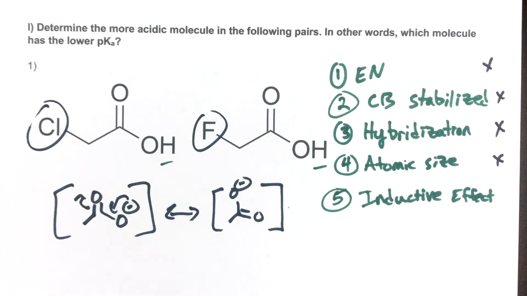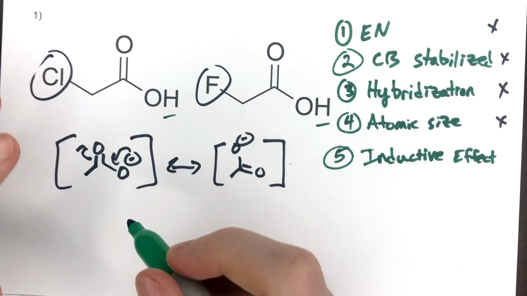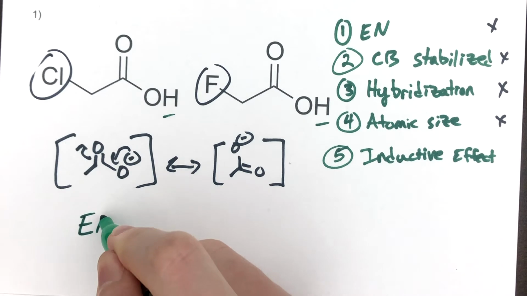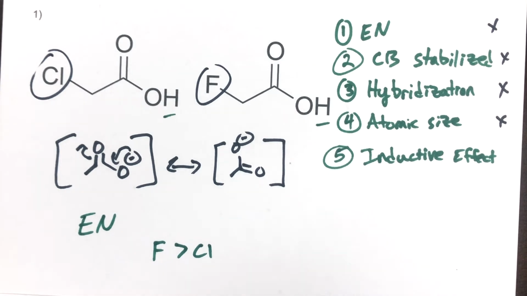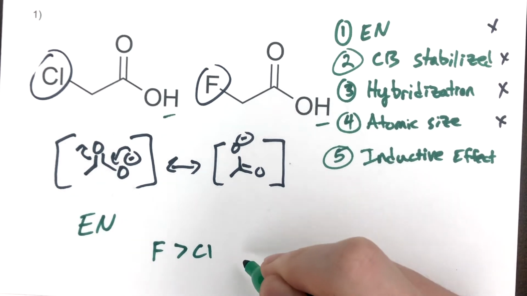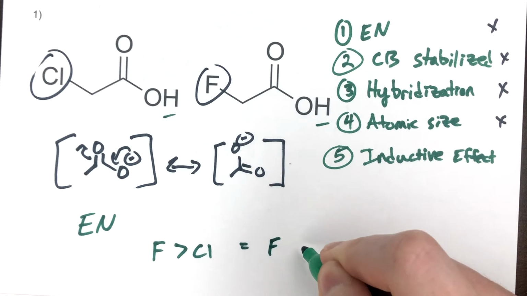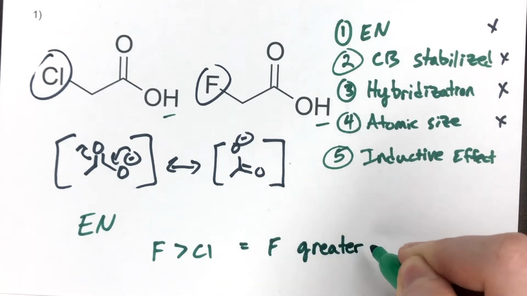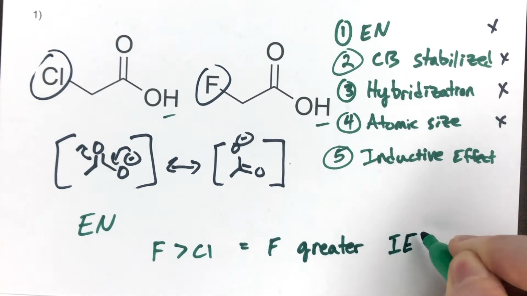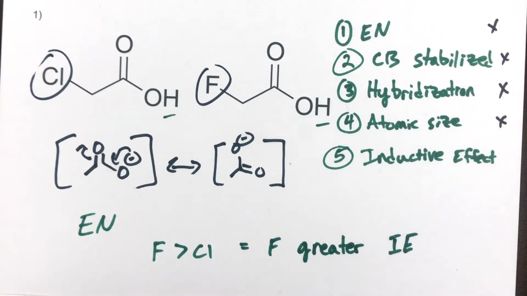And we know that fluorine is more electronegative than chlorine, which means it's going to have more of an inductive effect. So fluorine has a greater IE, for inductive effect, than the chlorine.